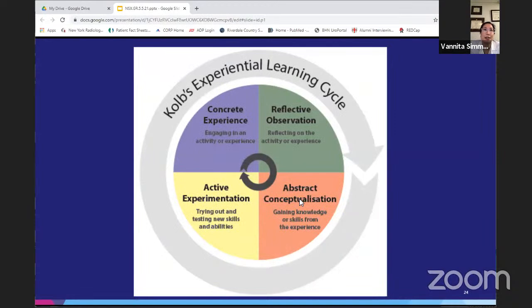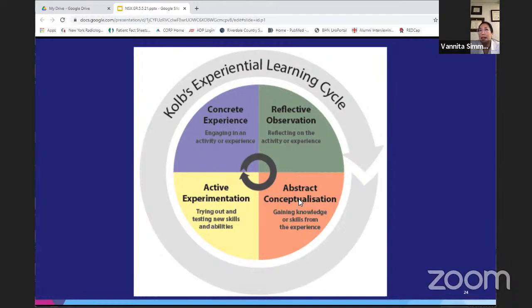So this is Kolb's Experiential Learning Cycle, which was published in 1984. David Kolb is an American educational theorist and a cognitive psychologist who believed that effective learning occurs when a person travels through the cycle of all four of these stages.